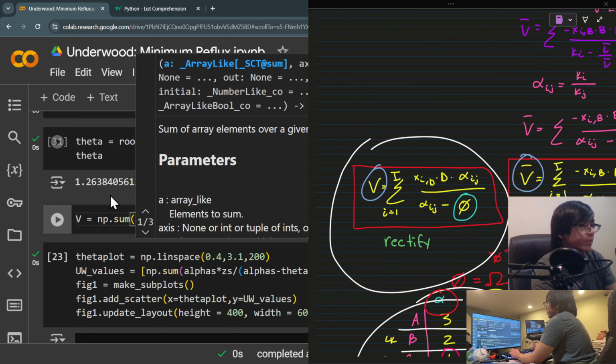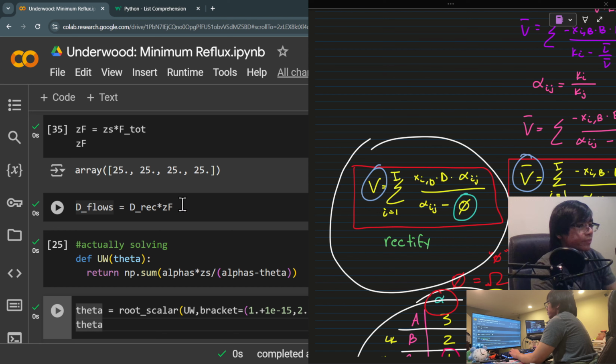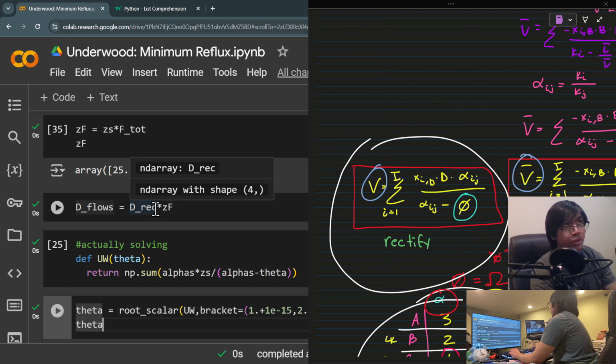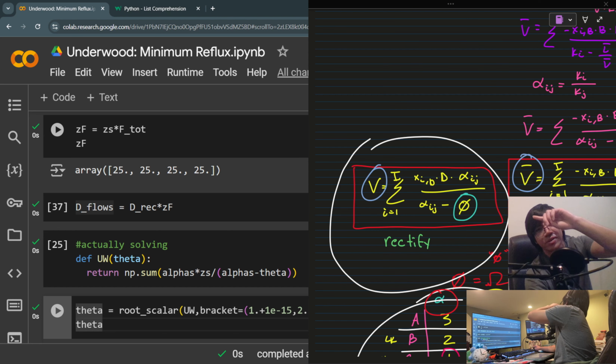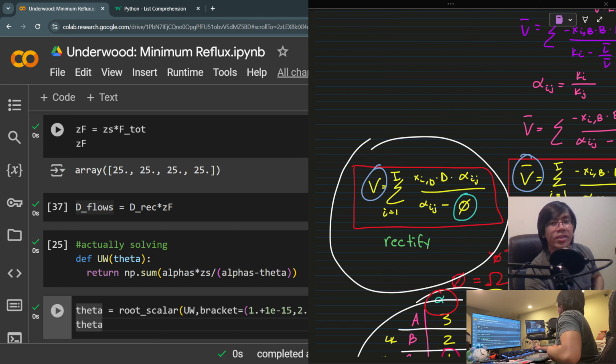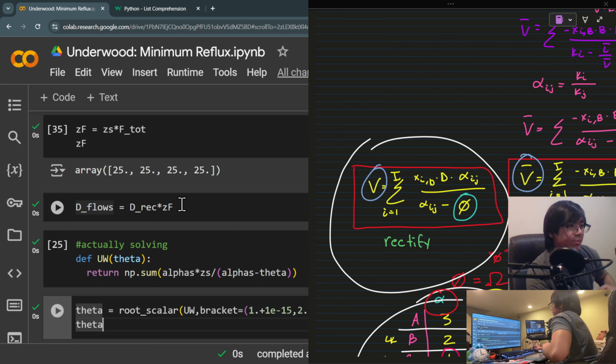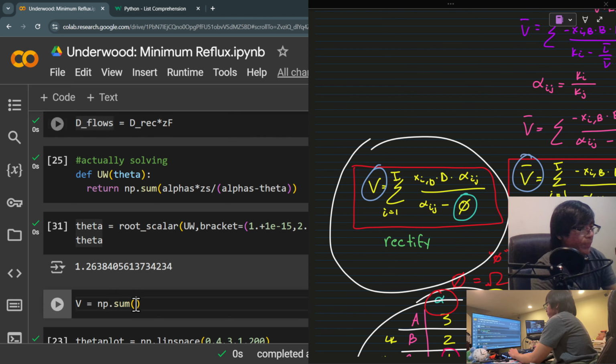Did I do that correctly? Yeah, rectifying. So those would be flow rates: distillate times our liquid mole fractions at the distillate. So that D in our equation on the screen to my left, those are flow rates, and we already have the recoveries of them. So yeah, we put D flows in there.